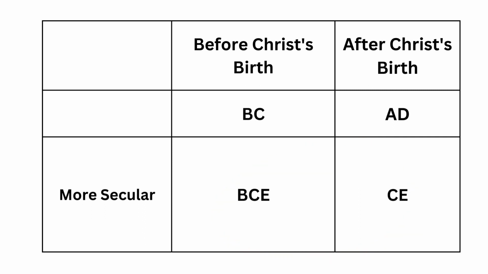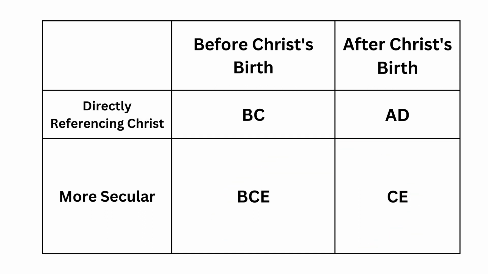And what is the reason for shifting these names? We will see in the abbreviations section that AD and BC both refer directly to Jesus Christ. As the system was made more inclusive, to make it acceptable to non-Christians as well and give it a more secular look, these years were renamed to BCE and CE.